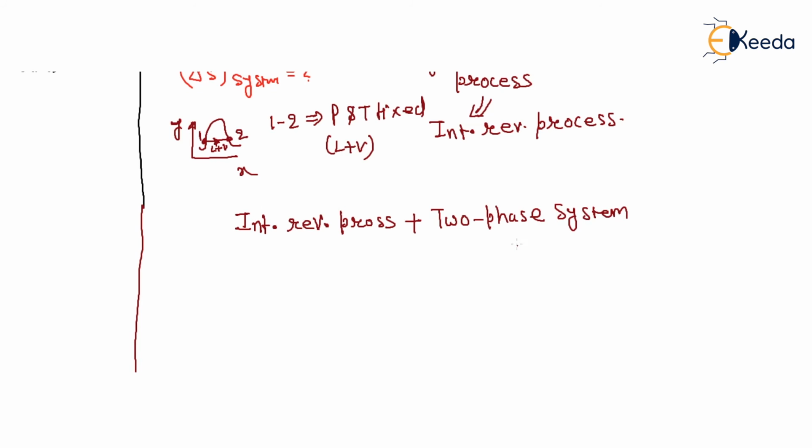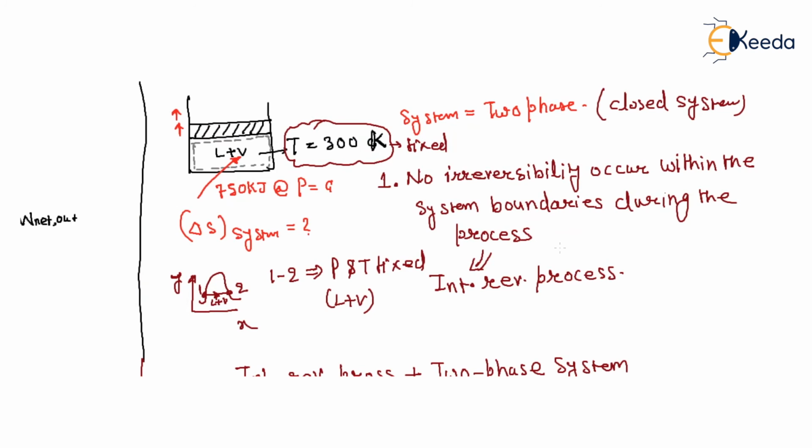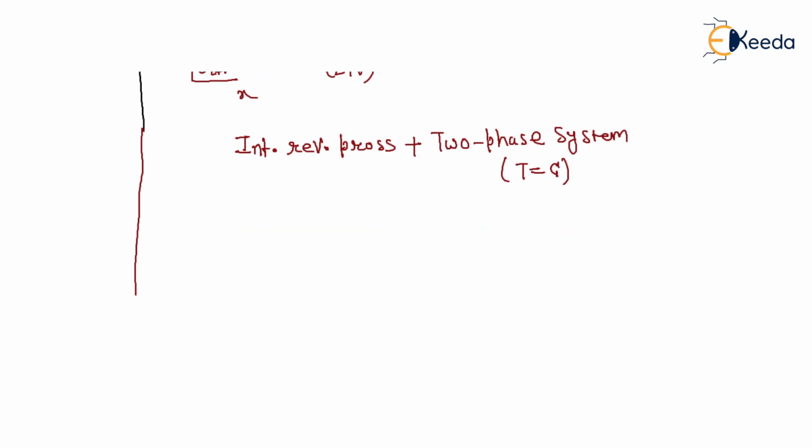During a two phase system the temperature is constant. So this is an internally reversible isothermal process, right?